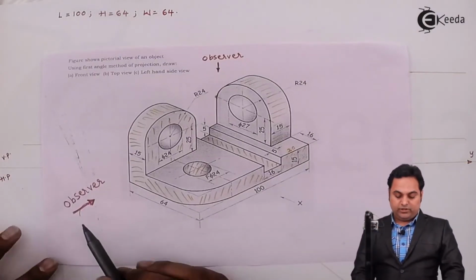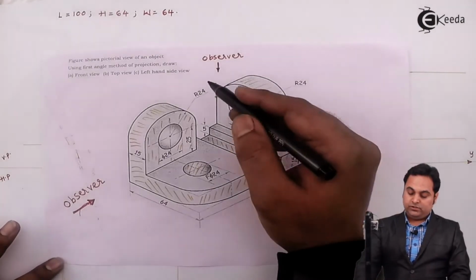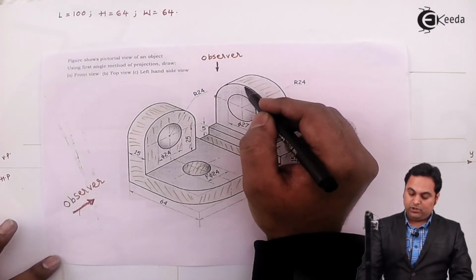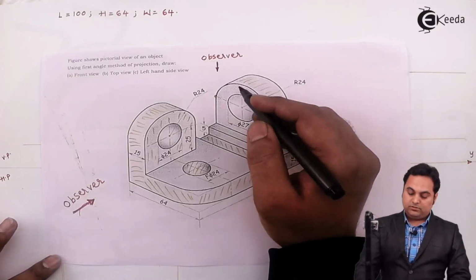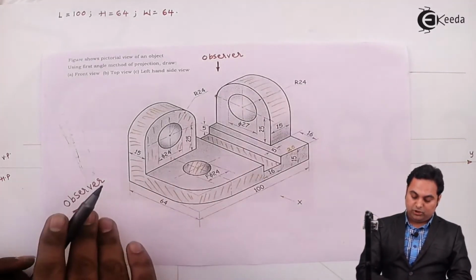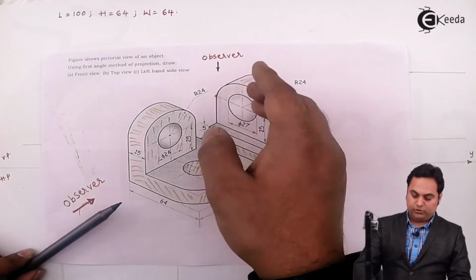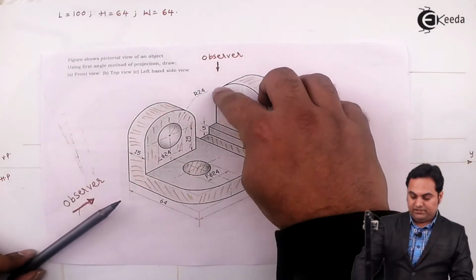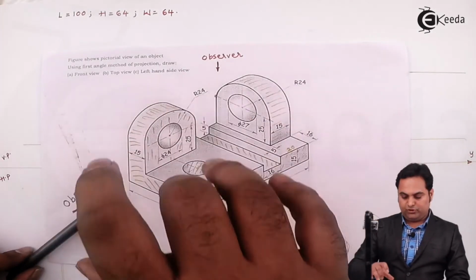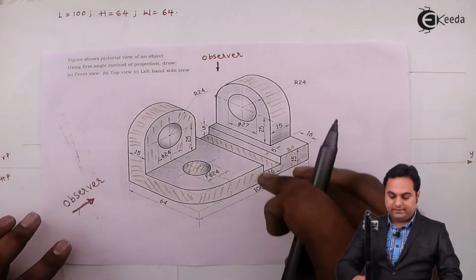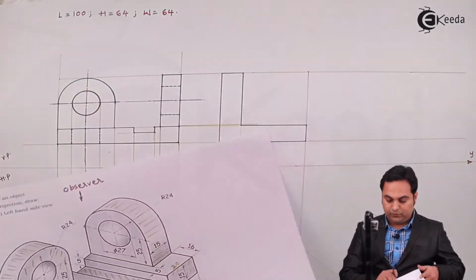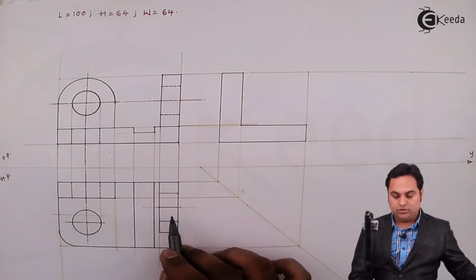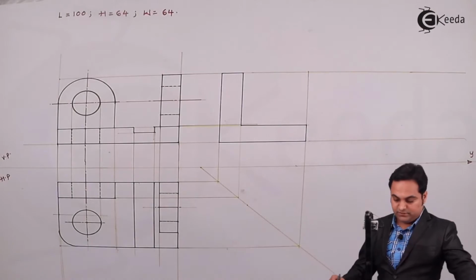Next, when we are looking from the side as an observer, this semicircular block will be visible. Now some portion of the semicircular block is going behind this part, so this complete semicircle won't be visible, some portion of it will be hidden. And this semicircle in the top view is at this location, so I'll project its center.